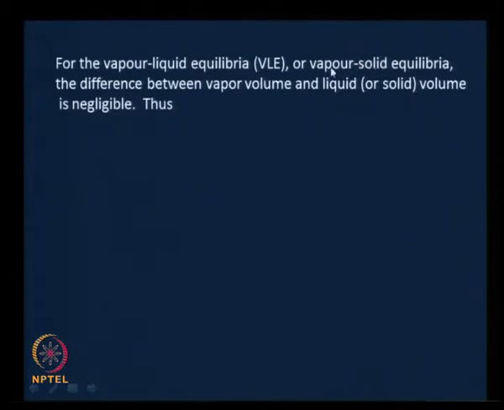And there is a certain ratio here which is quite large for vapor to solid also. Therefore, this delta V, if you can recall, was nothing but, in the case of vapor liquid equilibria, V vapor minus V liquid or V gas minus V liquid. We can replace the delta V by approximately the volume of the gas itself. We are essentially neglecting the volume of the liquid or the solid here.